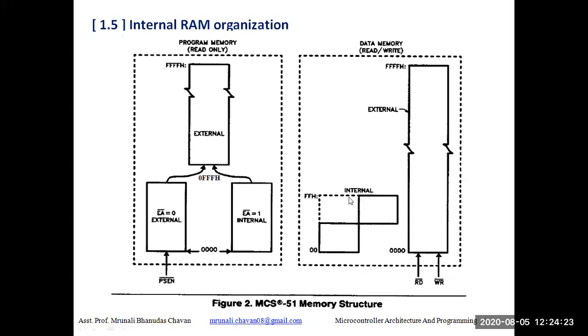Here we can see from 00 to FFH, that is a total of 256 bytes of internal data RAM, available on chip on the microcontroller. And we can address up to 64 KB of external data memory.